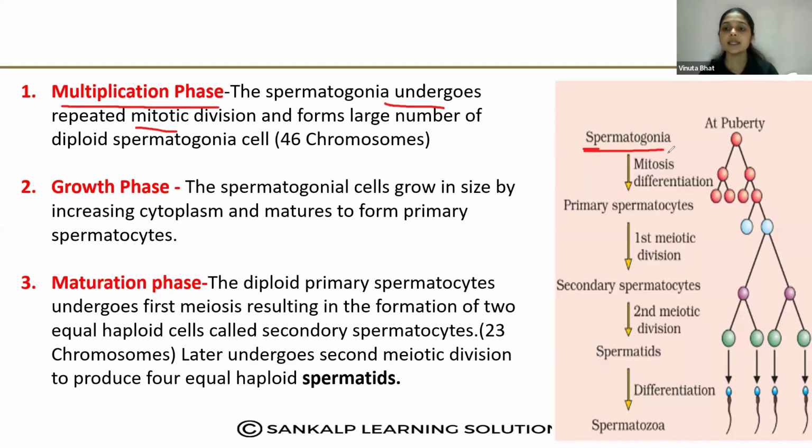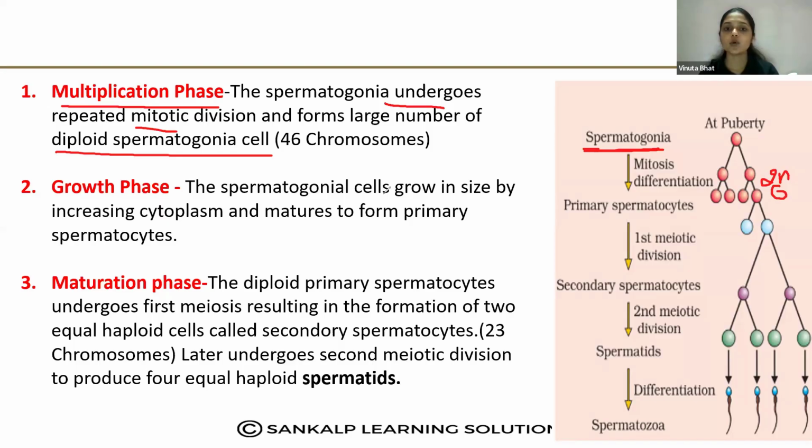Here you can see the schematic representation also. Spermatogonial cells undergo repeated mitosis and form a large number of diploid spermatogonial cells, all at the 2n condition. The second stage is the growth phase.